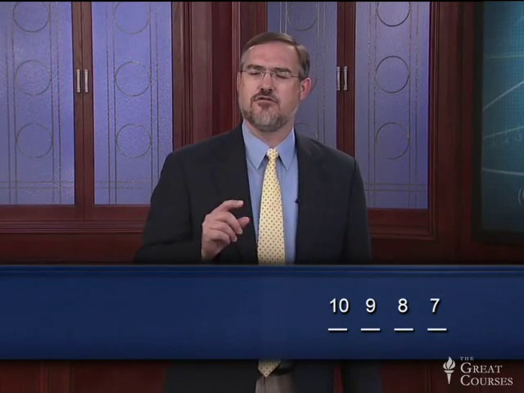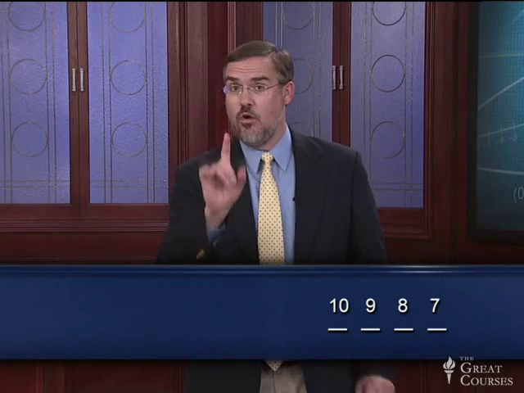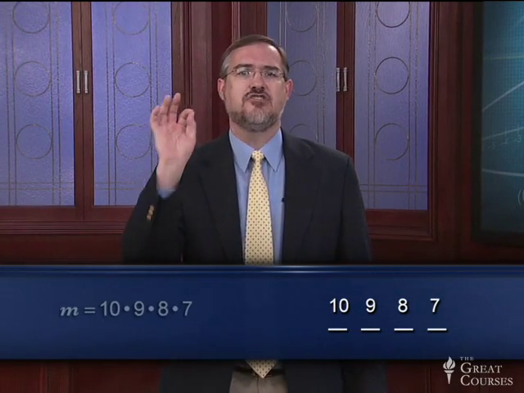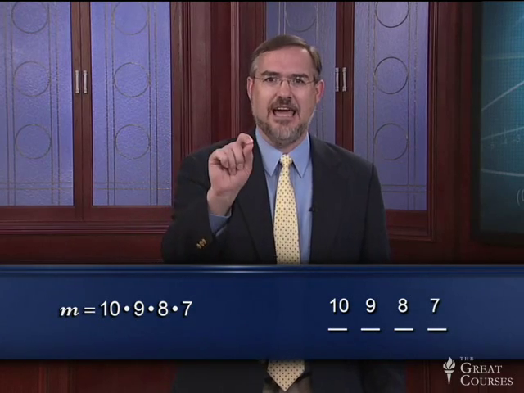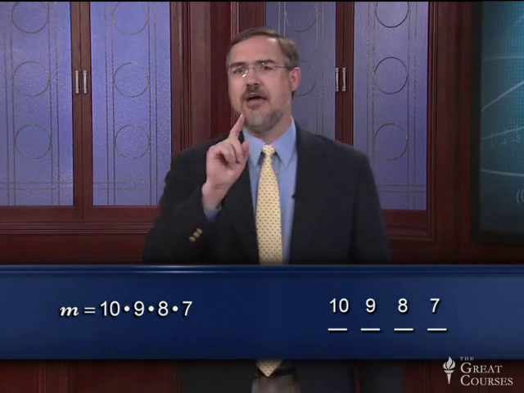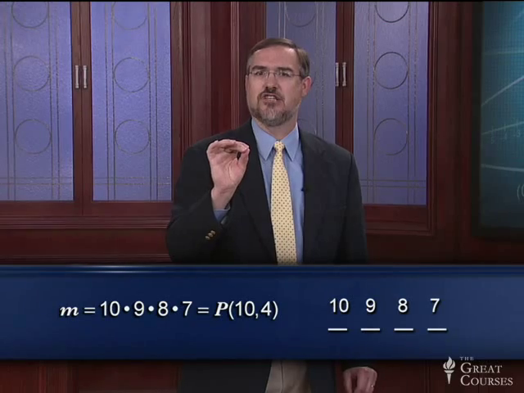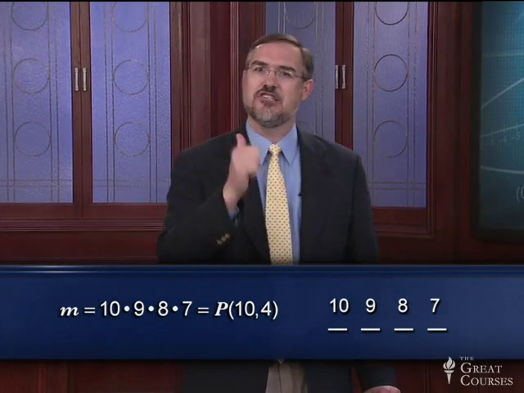Now, if you think about it for just a second, that means that the total number of different possible 4-digit numbers that we want to have with distinct digits is going to be 10 times 9 times 8 times 7. And that, by the way, is one of those P-values that we saw in the previous lesson.